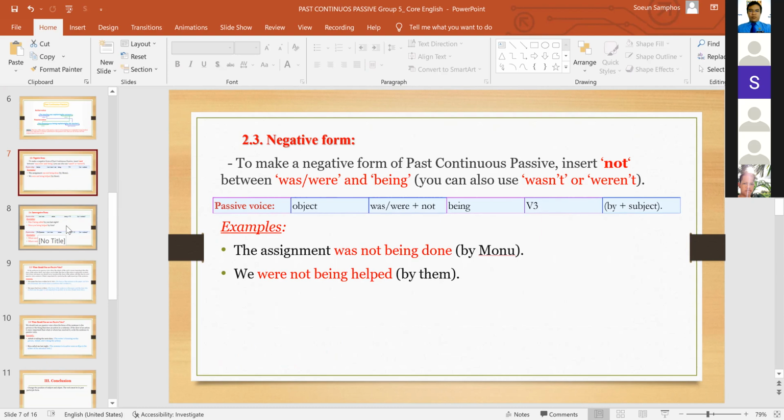Passive voice: object plus was, were plus not plus being plus verb 3 plus agent. Example: the assignment was not being done by Monu. This one, "by Monu," you can put or not, it's up to you. The second: we were not being helped by them. Move to the next slide.